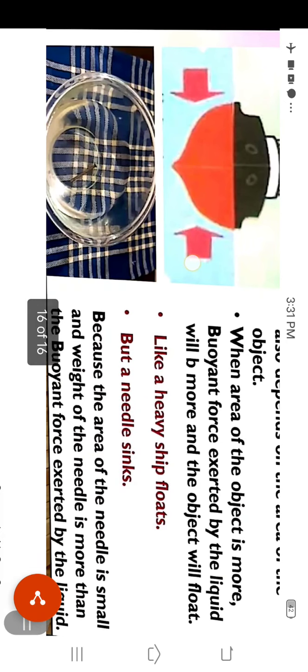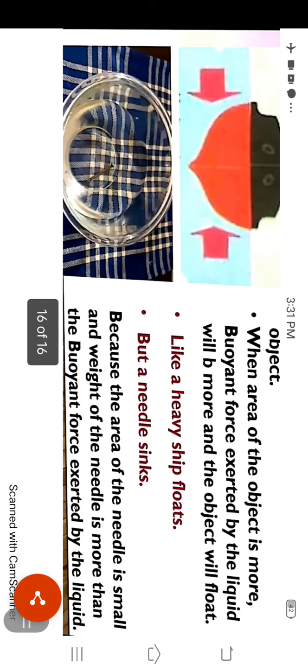You are watching that the area of the object is more, this ship is very big, and the buoyant force exerted by the liquid will be more. The buoyant force is exerted by more water, and that is why the ship floats on the water.